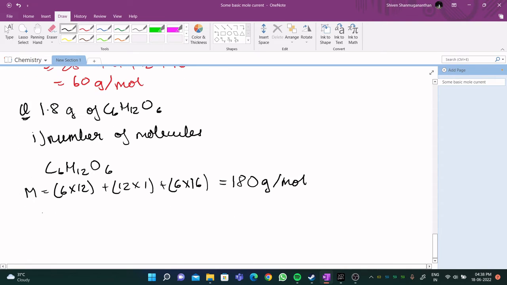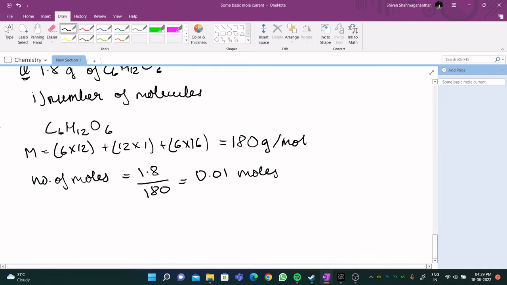So to find the number of moles, it is 1.8 by 180. We get 0.01 moles.